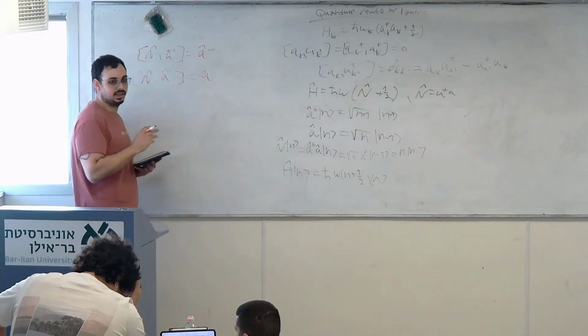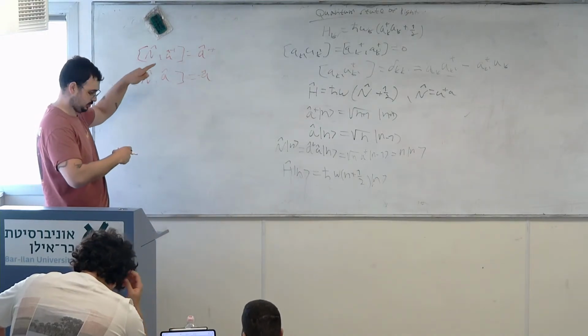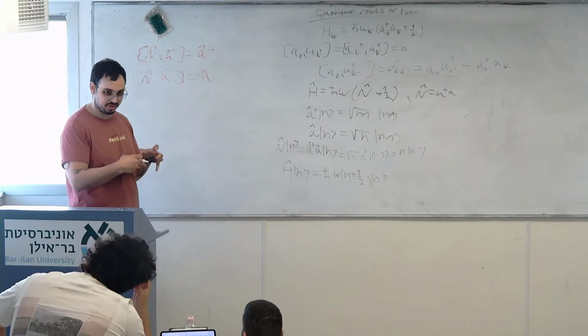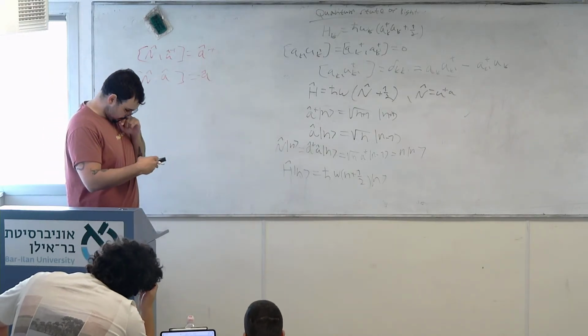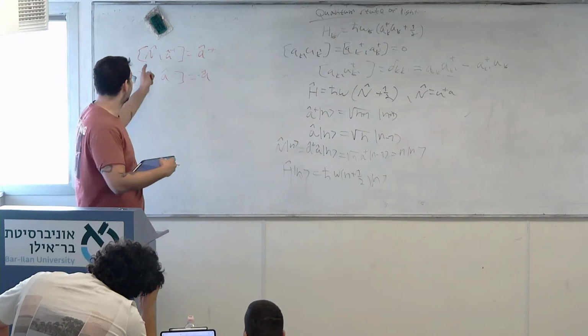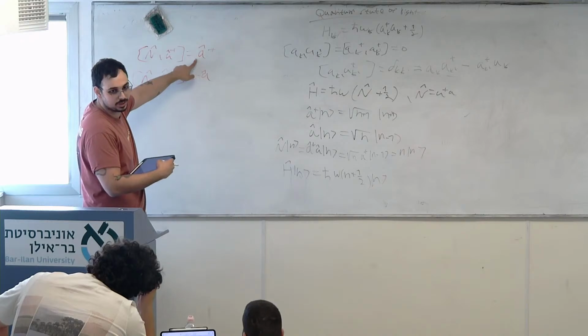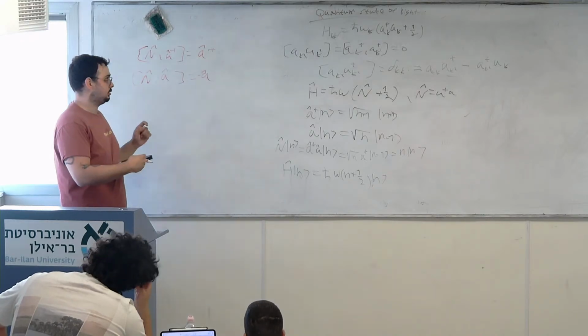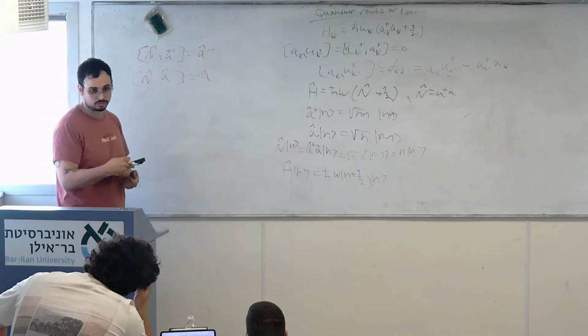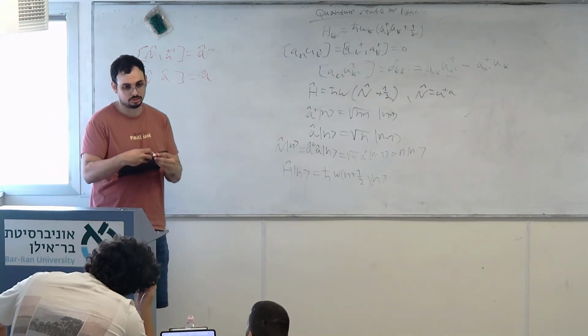Technically, I should have also indexed all of these operators and added a delta, but it's fine, you'll get it. Like n_k, a_j, and then here will be a delta_kj. So for each k mode we have a different energy level.